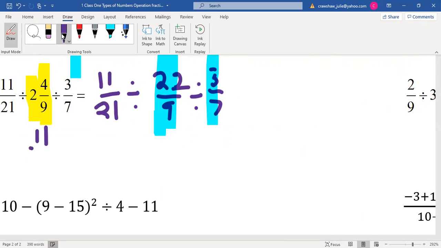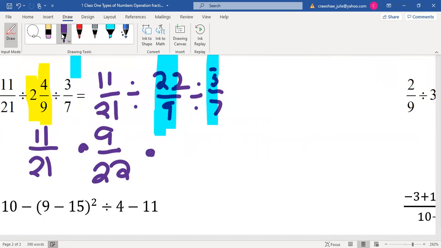So my 11 over 21 stays the same. My 22 over 9 becomes 9 over 22. The reciprocal is simply the flip version of the fraction. My 3 divided by 7 becomes times 7/3.